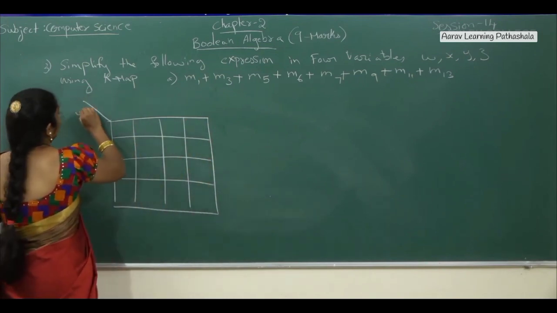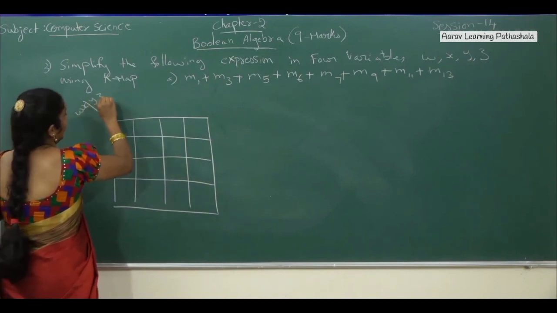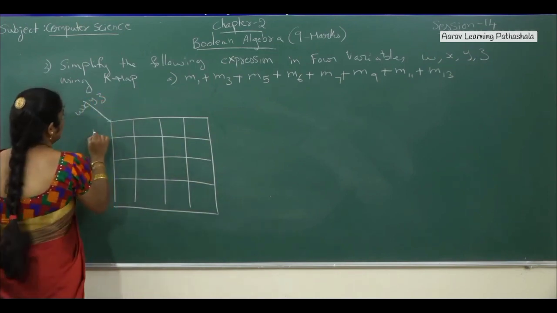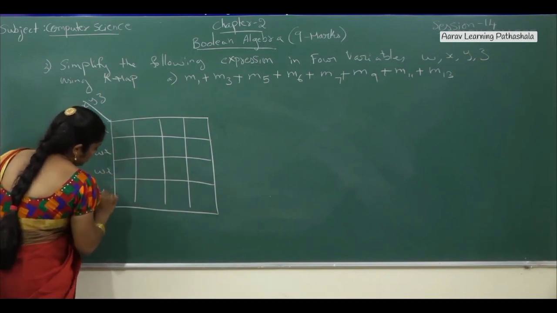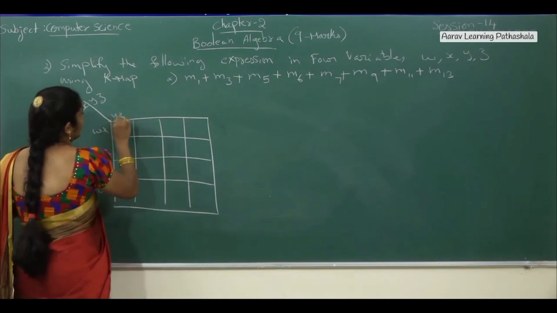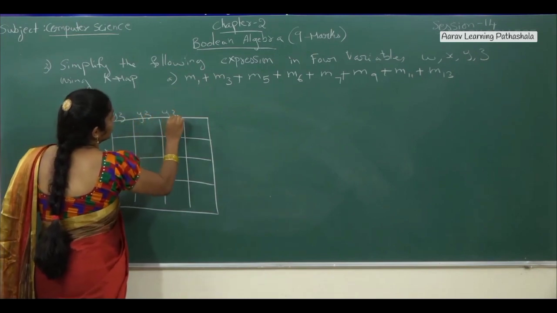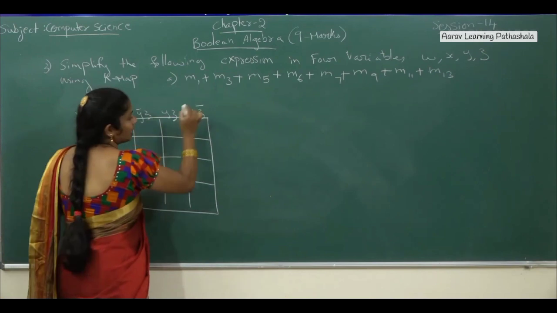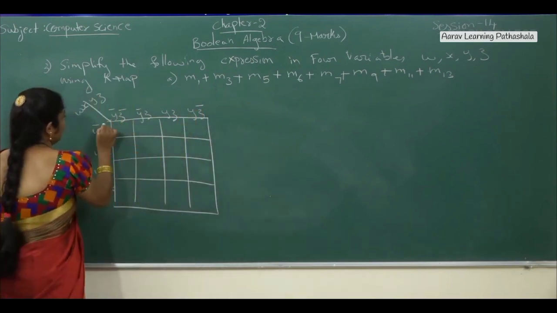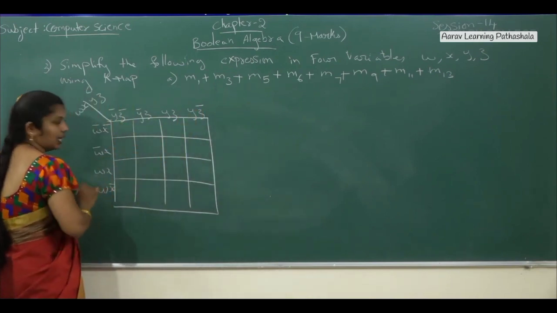Here W, X, Y and then Z. Write down the values WX, WX, WX, WX. Here YZ, YZ, YZ, YZ. For the first 3 it will be bar and then for the last one it is bar.